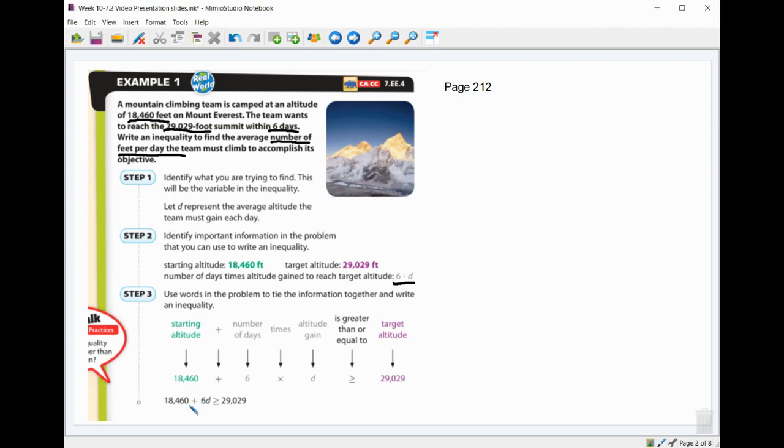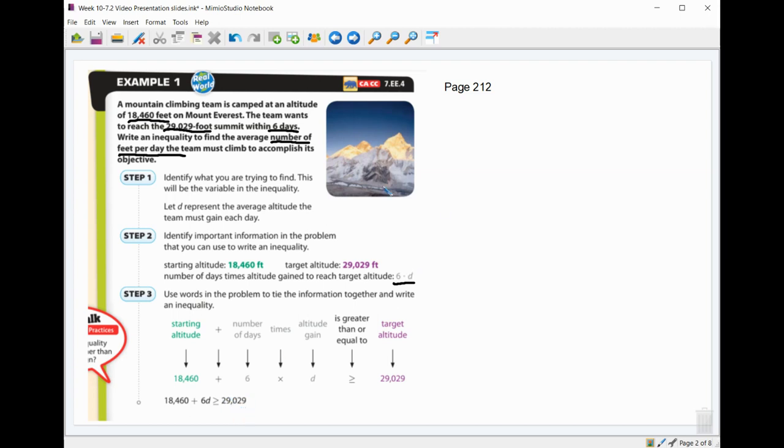Well, they started at 18,460 feet of altitude, and then the number of days times the altitude gained each day will give me how much more they will be adding to their altitude. And the inequality is greater than or equal to 29,029 feet. It needs to reach more than 29,029 feet. So at least this number needs to be reached.